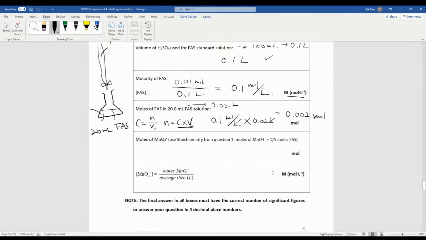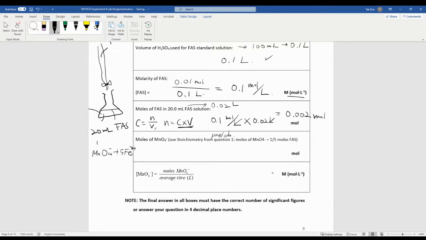So now, next one, moles of permanganate. Use stoichiometry from your pre-lab question number 1. When you fully balance the redox half-equations, it should be a 1 to 5 ratio. So one MnO4- will react with 5 Fe2+, making our final product, right?